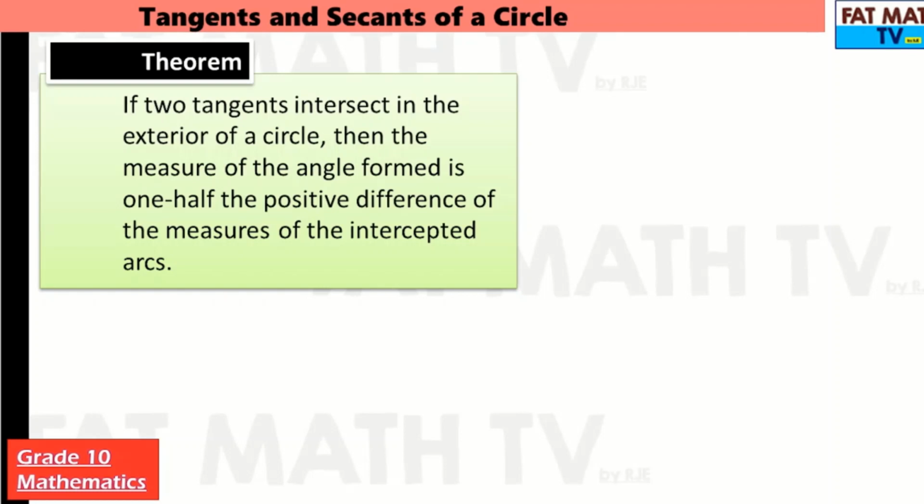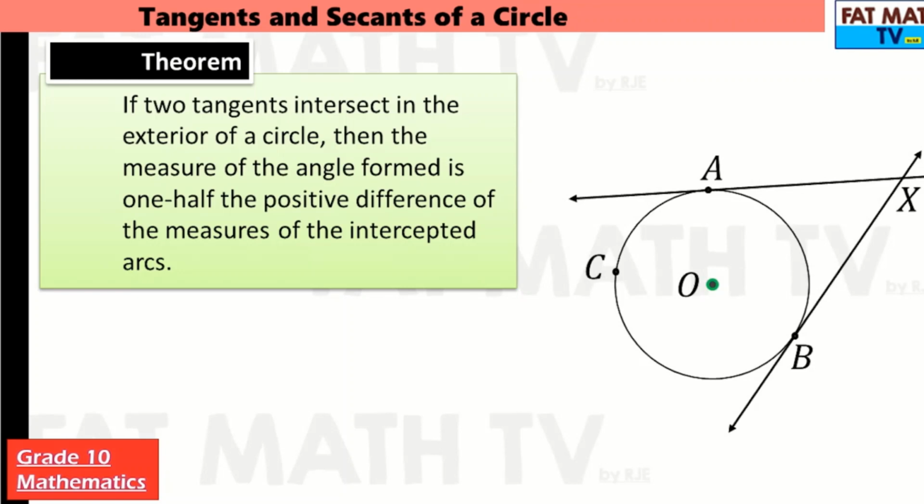Next theorem. If two tangents intersect in the exterior of a circle, then the measure of the angle formed is 1/2 the positive difference of the measures of the intercepted arcs. So same, half the positive difference. So the measure of this angle is half the difference of the bigger intercepted arc and the smaller intercepted arc.